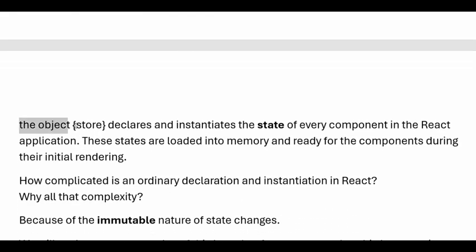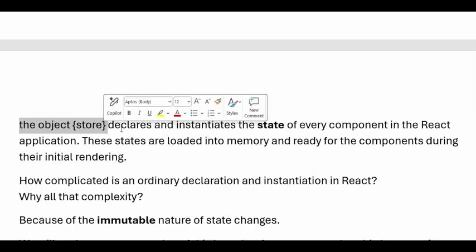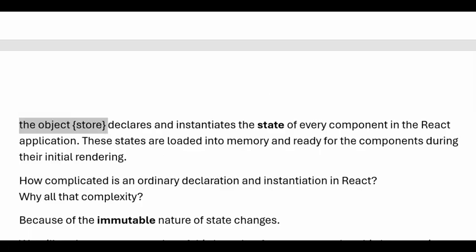The object store declares and instantiates the state of every component in the React application. These states are loaded into memory and ready for the components during their initial rendering.